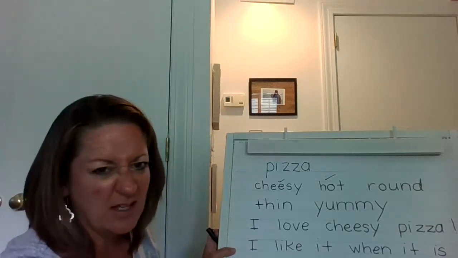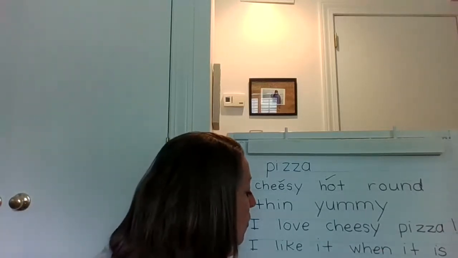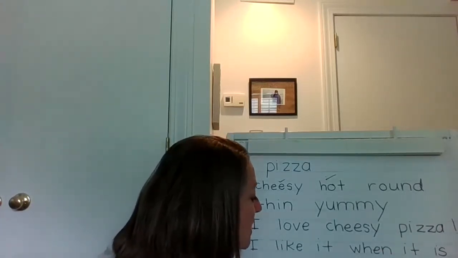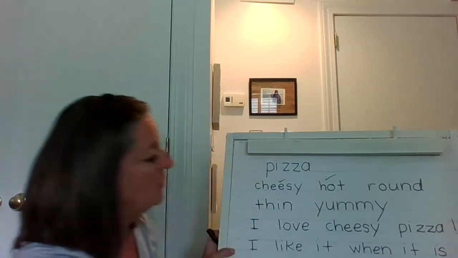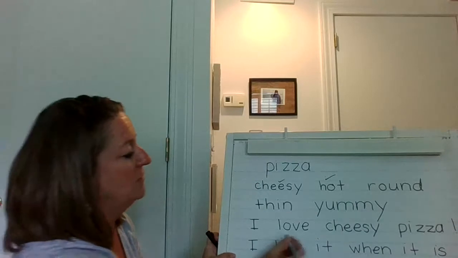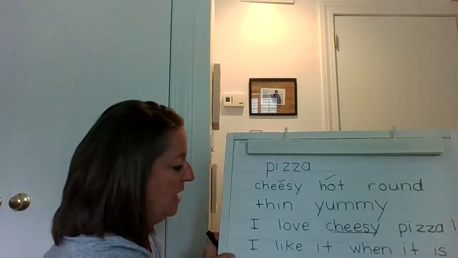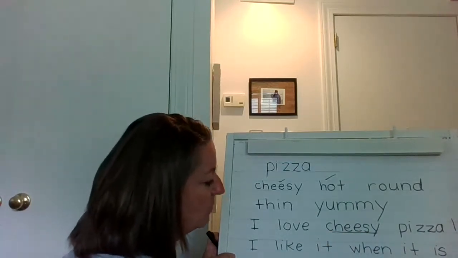Round. I don't really like the square kind of pizza. Round. So do you see how my writing sounds when I use these adjectives? So I've got cheesy, I've got hot, and I've got round.